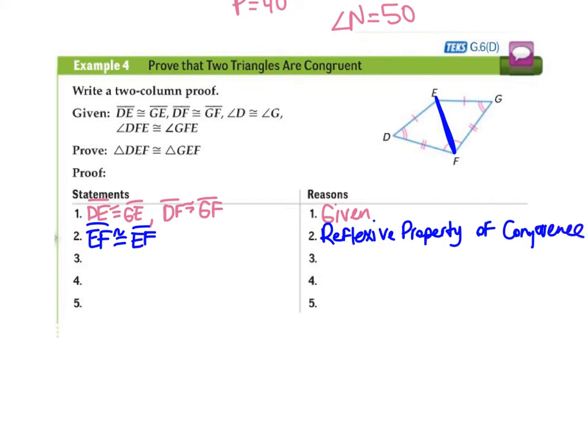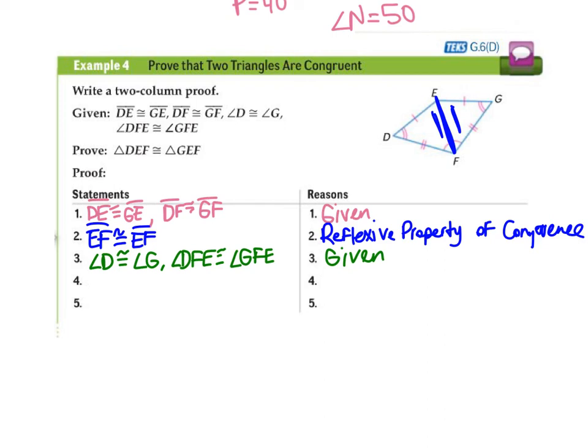What that means is EF for this triangle is congruent to EF on this triangle, because they share that side. Third one, angle D is congruent to angle G, and DFE is congruent to GFE, and again, this was given to us. So we're just piecing all of this together to show our proof.